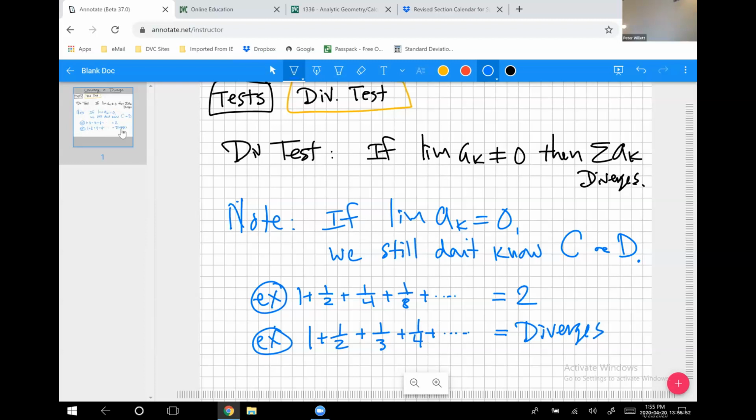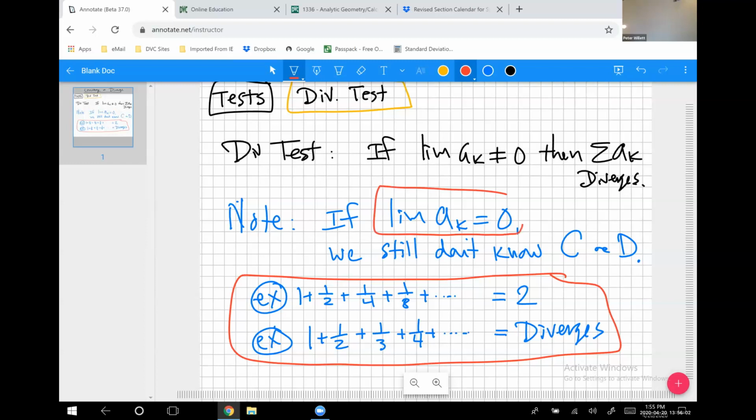All right, so I want to look at these two quintessential examples because notice in both of these, the limit of the terms goes to 0, but one of them converges and the other, as it states, diverges. So if the limit goes to 0, we still don't know if a series converges or diverges because both possibilities are still true.